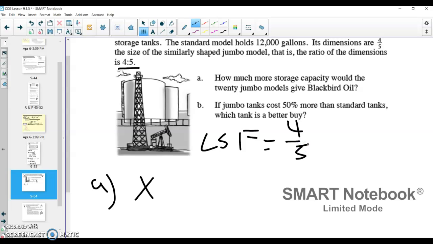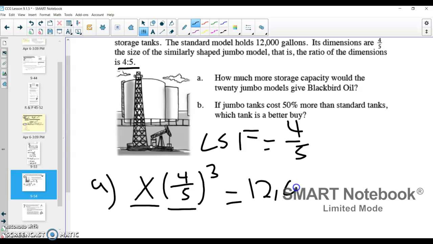And so here in part A, we say X amount of gallons for the big barrel. If you multiply that number we don't know by 4/5 cubed, so if you take the big volume that we don't know, and we multiply it by our volume scale factor, we should get our smaller volume, which is 12,000 gallons.